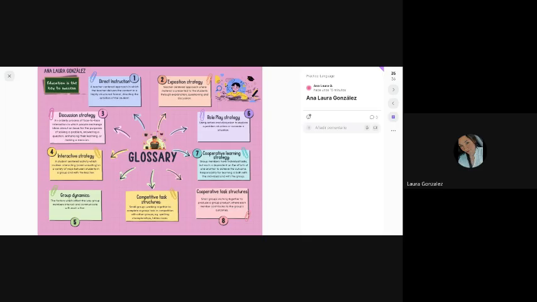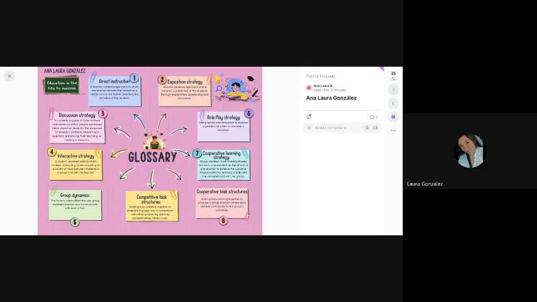The sixth, role play strategy, using action and discussion to explore a problem situation or recreate a situation. The number seven is cooperative learning strategy, where group members have individual tasks, but each depends on the effort of the other to achieve the outcome. Responsibility for learning is both with the individual and with the group.